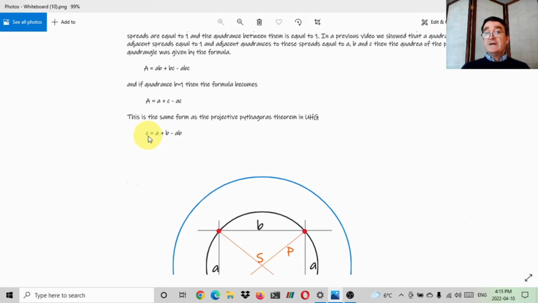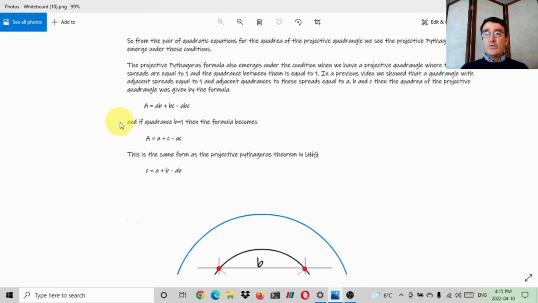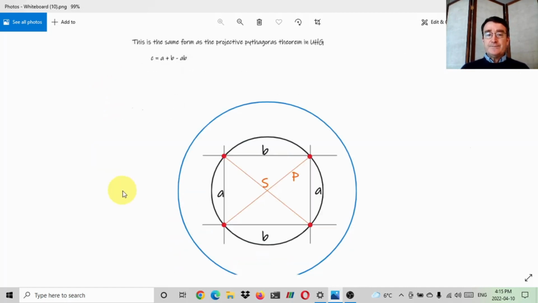If that's the case, then we have this condition A1 plus A3 equals A2 plus A4. So let's see what happens in that case. So what happens is the spread S between these two diagonals. So again, we have projective points given in red here. These 4 projective points form a circle.